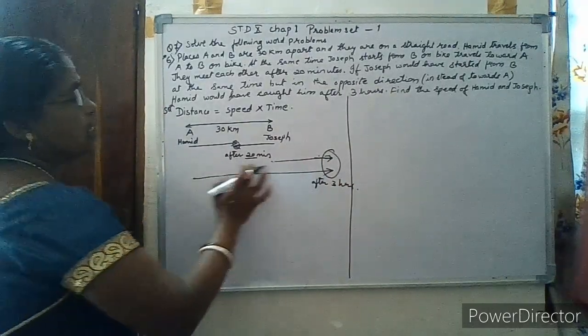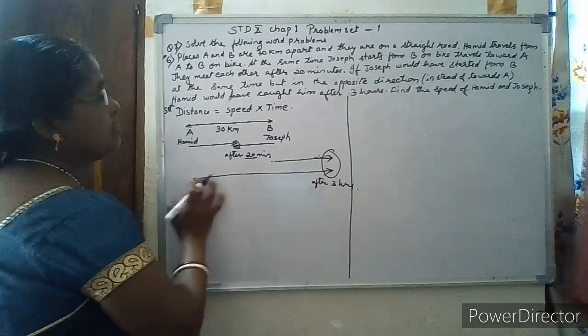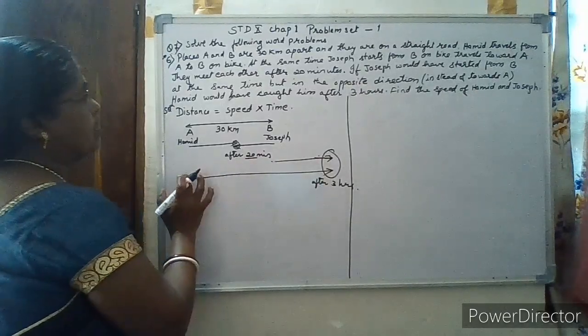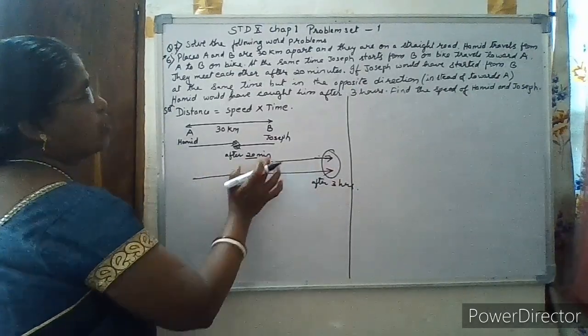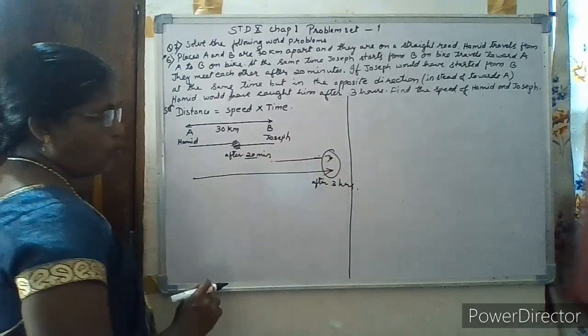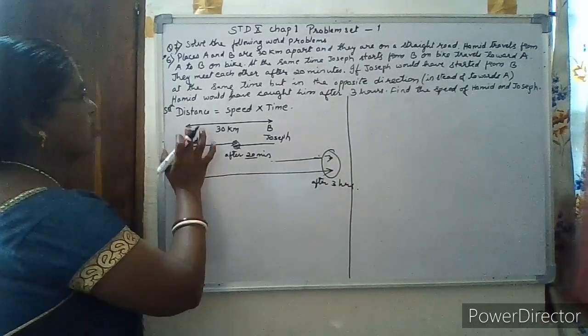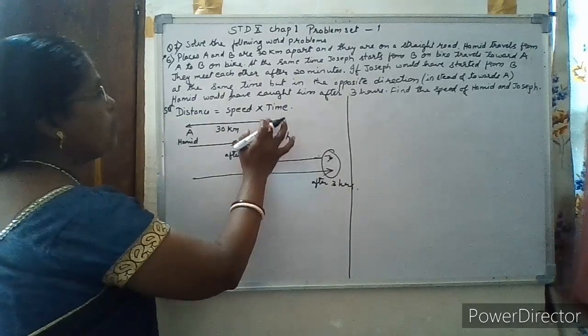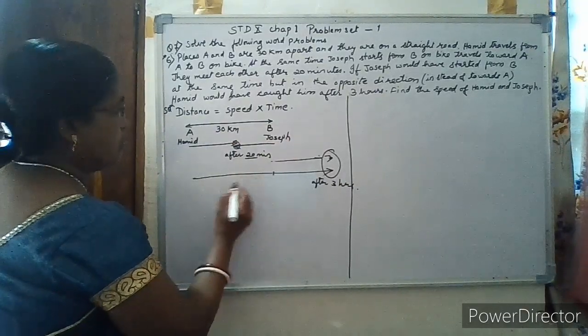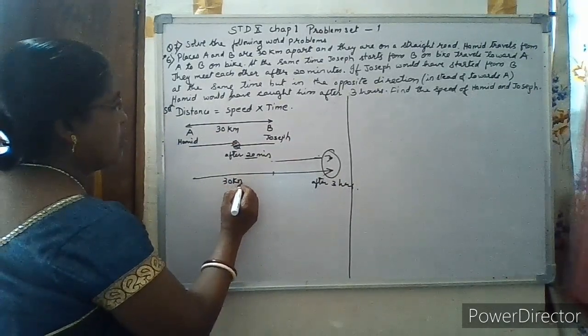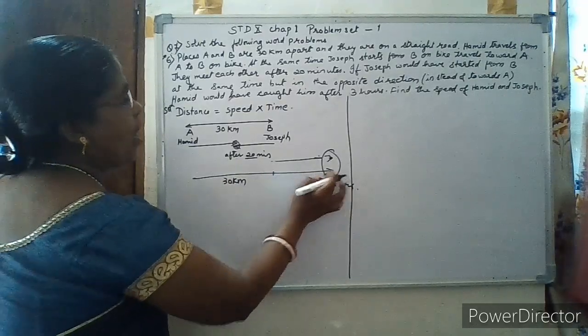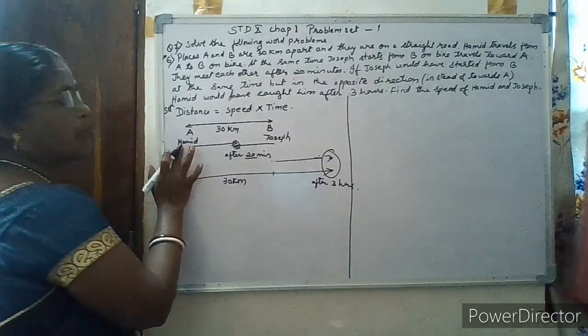But here the distance, we don't know what is the distance covered by Hamid, what is the distance covered by Joseph, we don't know. But we know that from A to B the distance is 30 kilometers. This is the extra distance travelled by Hamid.